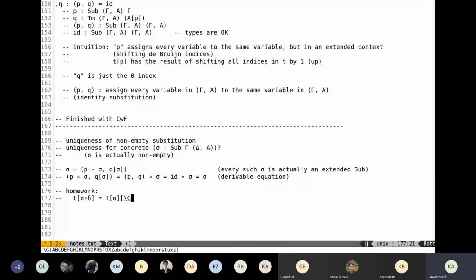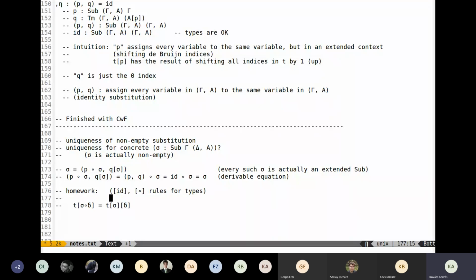We know that we have the same rule as with types. So if you remember, we have this rule for types, a kind of substitution rule. Let's just name them. One is called the ID rule, and the other the composite substitution rule, rules for types.